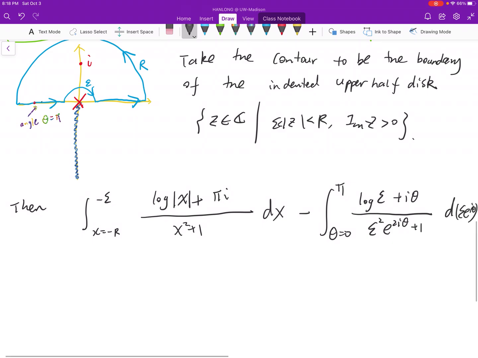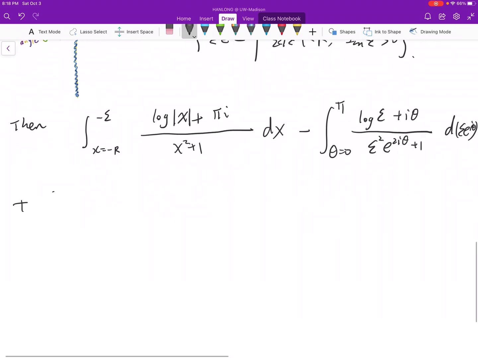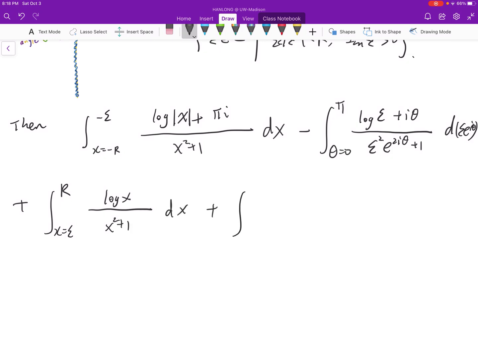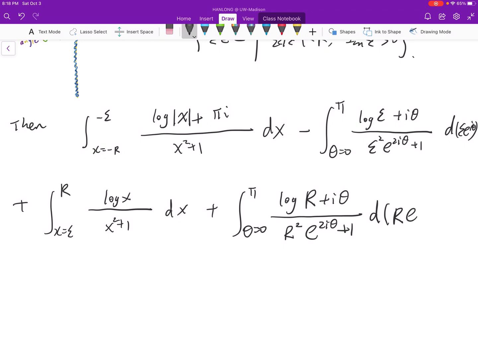This is your parametrization. And then plus the integral of x from epsilon to R of log x, because it's on the positive real number line, the angle is 0. And plus the integral of theta from 0 to pi of log R plus i theta, divided by R squared e^(2i theta) plus 1, d of R e^(i theta).